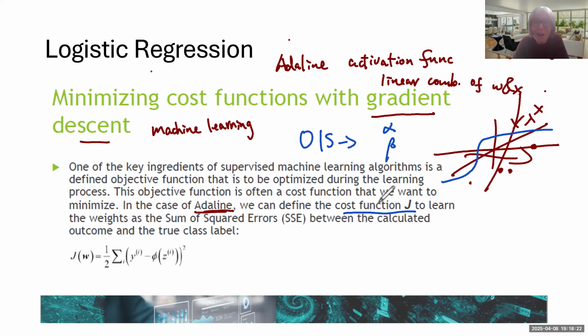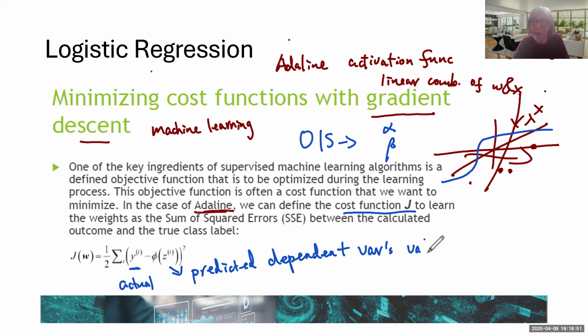Here, in a similar concept, the cost function is defined as the sum of the squares of error. This is the actual dependent variable, and this is the predicted dependent variable's value.